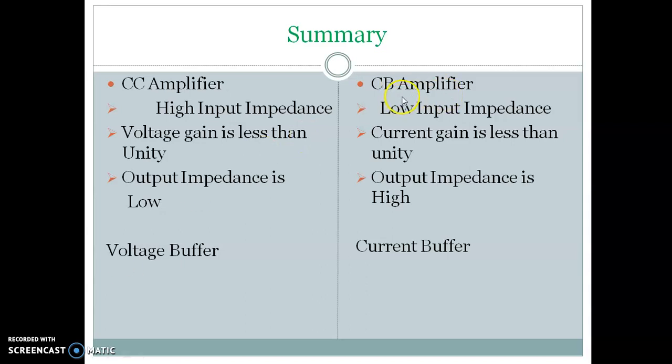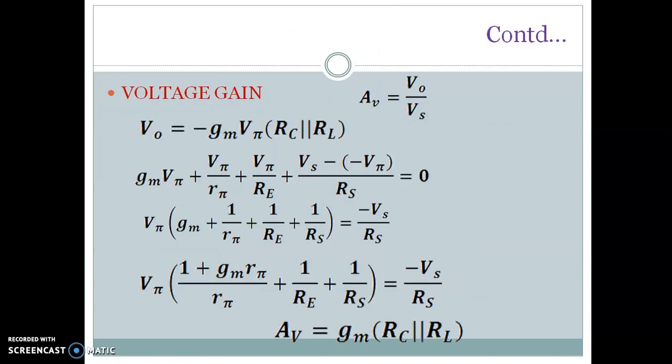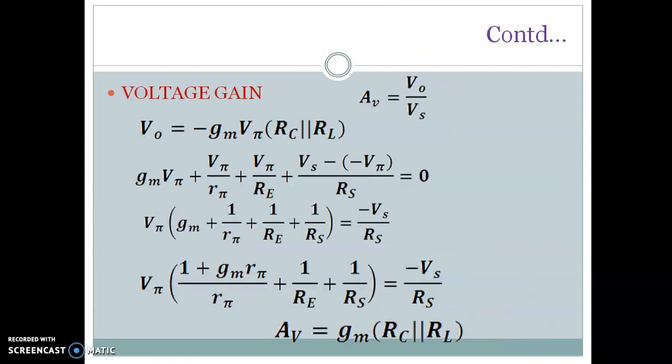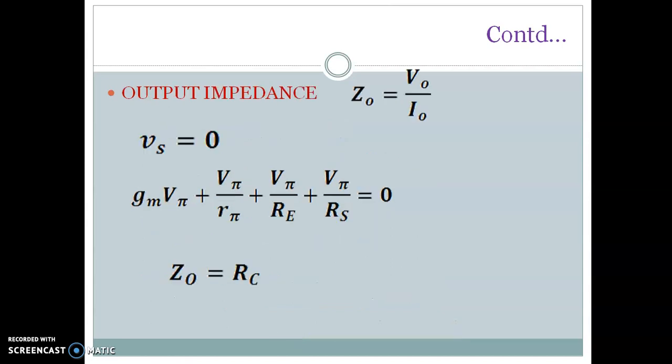Next is the CB amplifier, common base amplifier. Here you could find the input impedance is very, very low. Your input impedance is a very small quantity, and it is nothing but R pi divided by 1 plus Gm R pi. Voltage gain is very good, because it is Gm times RC parallel RL.